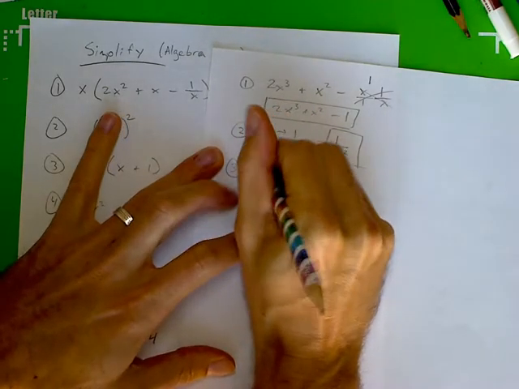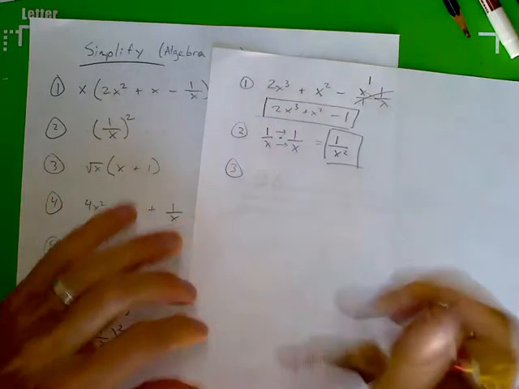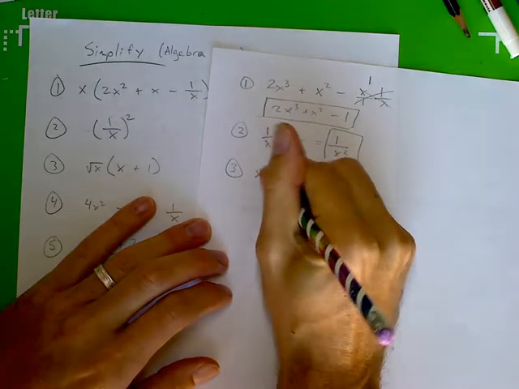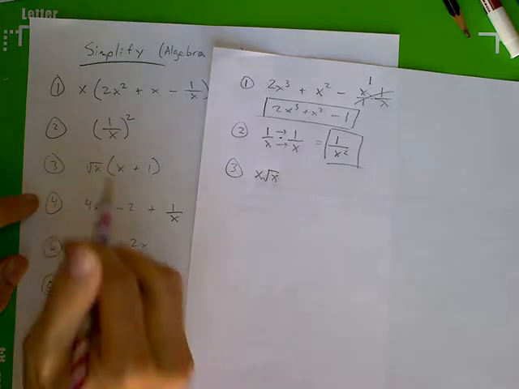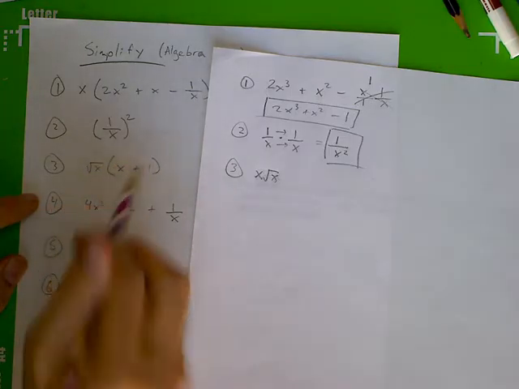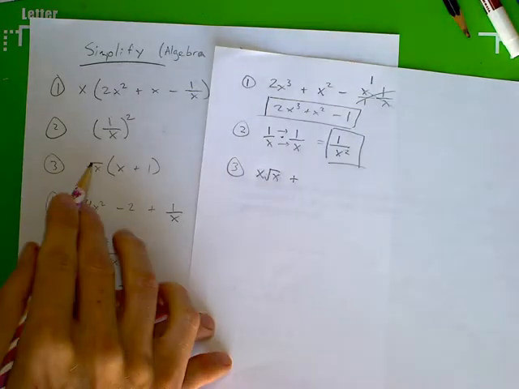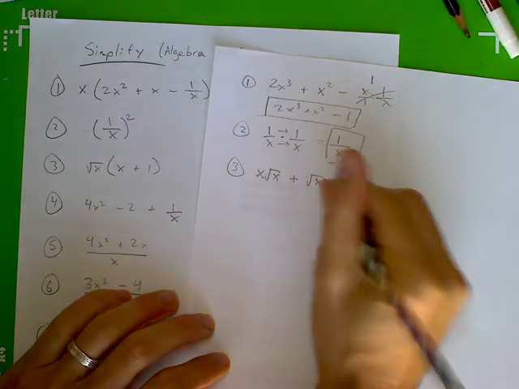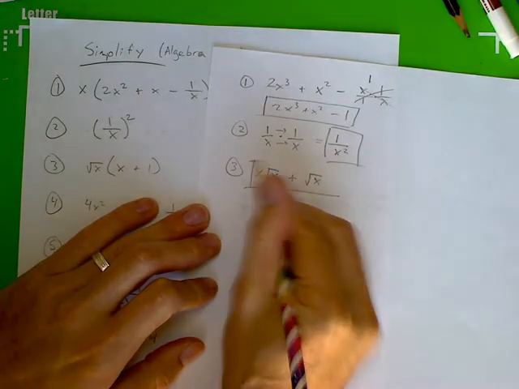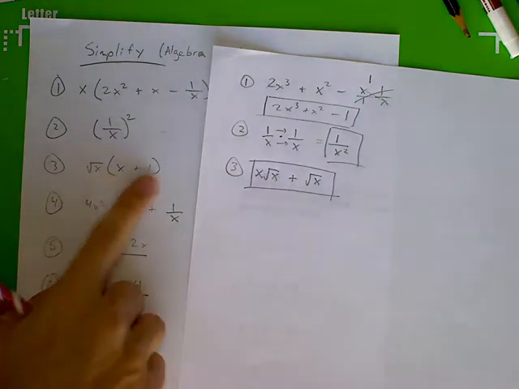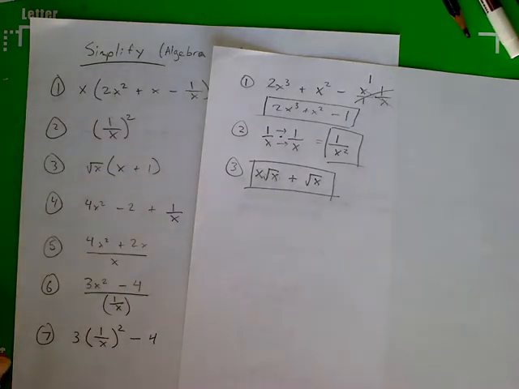Actually, it looks a little bit better if you write it in the opposite order: x times the square root of x. Okay, so that's this first term. And then the square root of x times 1 would be what? Yeah, just the square root of x. And that is a perfectly fine answer. Now, maybe it doesn't look that much simpler than this answer. It's really not.